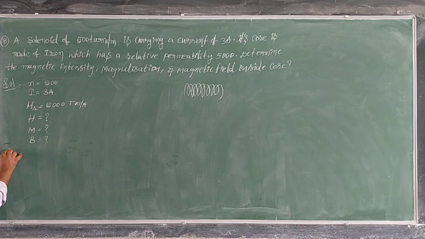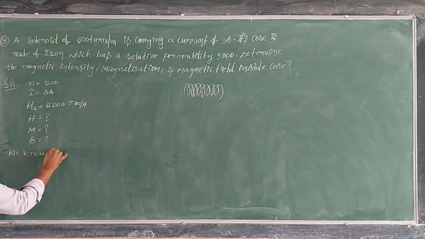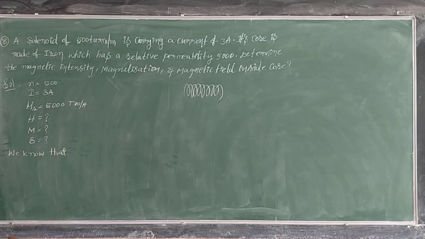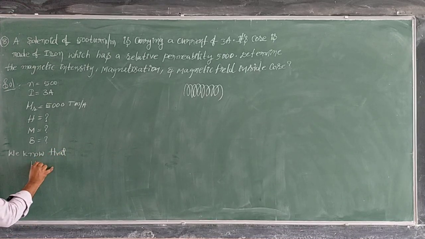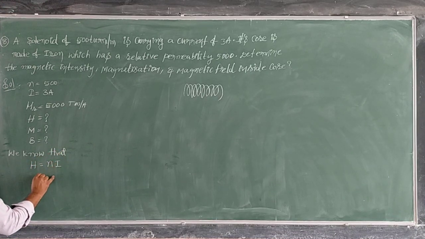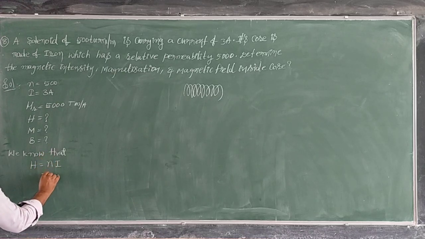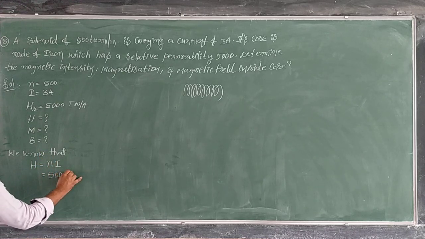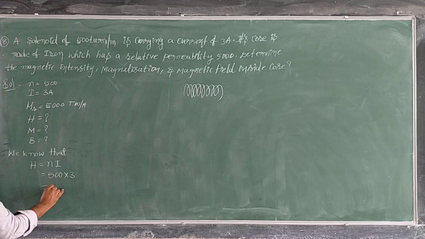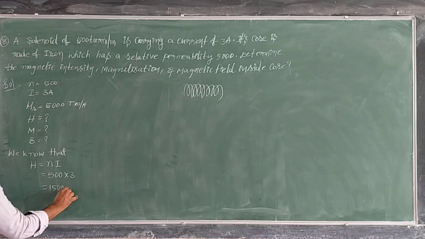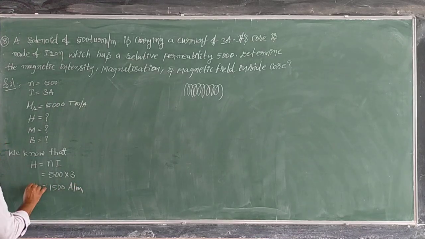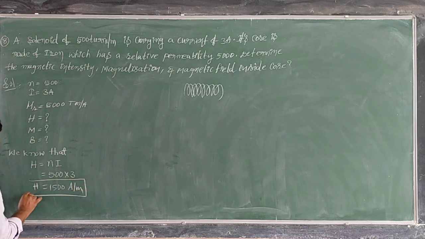Of course we know that from the definition, magnetic intensity H is equal to number of turns into current. Number of turns is 500, current is 3 ampere. So 1500 ampere per meter is the intensity.